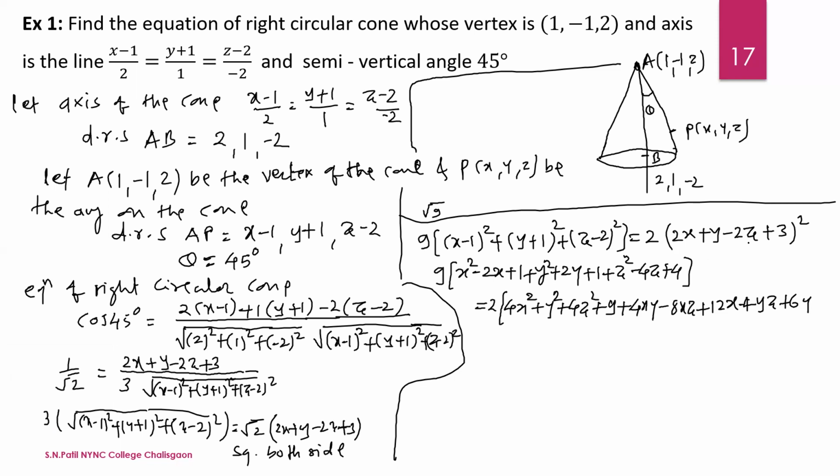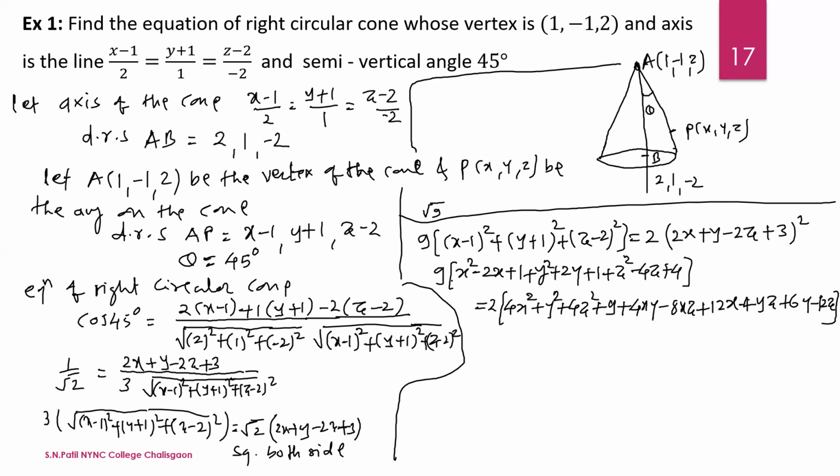Now last 2 times cd, that is 2 into 3 is 6, 6 into 2 is 12z. Okay, now last step, we construct first x square, y square, z square, then 2 variable terms, then single terms, and then the constant.